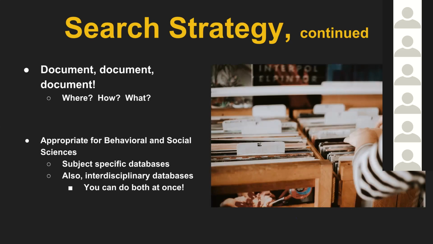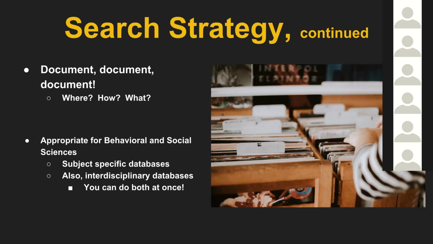So I recommend starting a simple Google Doc or writing it down even, but make a note of where you plan to search, what you plan to search, and then document any changes you make along the way. This not only helps you to define your search strategy, but it also helps you to keep your thought process organized. And that can be really helpful down the line if you have any questions about how you conducted your review of the literature.